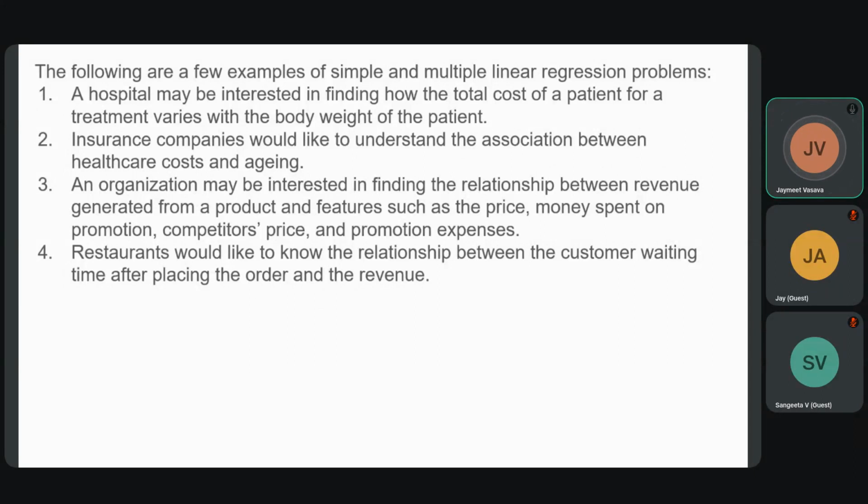Then insurance companies trying to understand the association between healthcare costs and aging. An organization interested in finding the relationship between the revenue generated from a product and features such as the price, money spent on promotion, competitors' price, and promotion expenses.